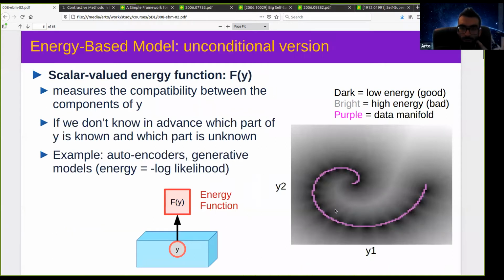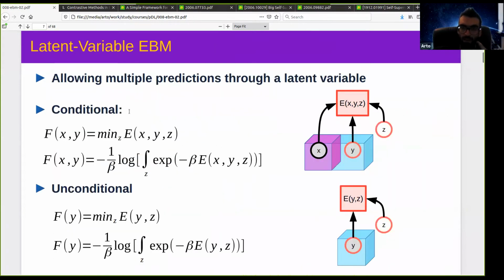And to eliminate this issue, and basically to allow multiple predictions, we can use a latent variable. And in this case, the inference would be like we will first minimize the energy with respect to z, and we will get this free energy, which would be the minimum of the energy function with respect to z, and this is an equivalent formulation.